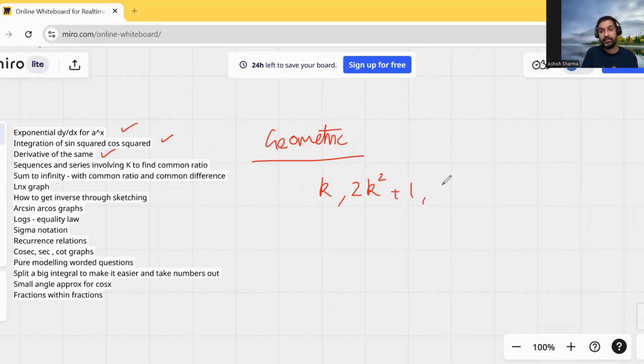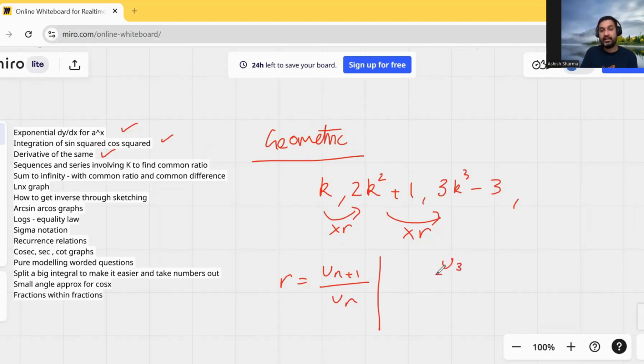I'm literally making this up. 3k cubed minus three, I don't know. And again, you have to somehow deal with the geometric sequence and answer questions on it. Well, in a geometric sequence, you need to know your common ratio. What are you multiplying by each time to get the next term? And again, the common ratio is equal to a term divided by its previous. And you can apply that across the sequence.